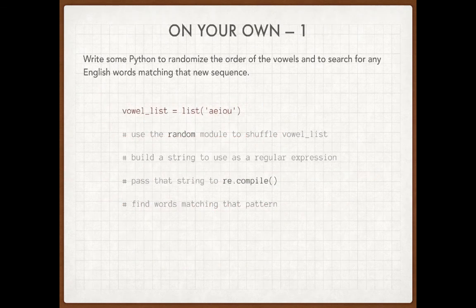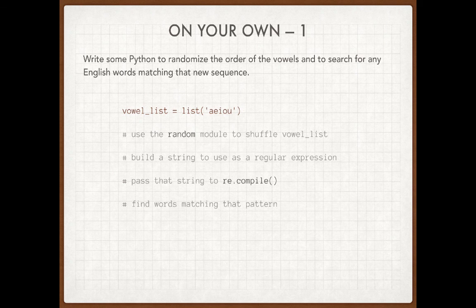Now, here are a couple of ideas you can extend this to if you'd like to play with this a little bit more. We were looking for vowels in the ordered pattern, A-E-I-O-U, but you might want to search for vowels that exist in a different pattern rather than alphabetical. So here's a little bit of a pseudocode way that you could approach a project like that.